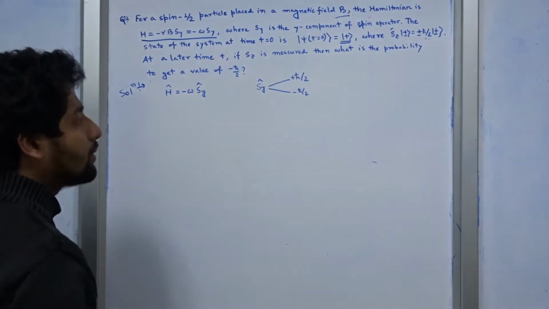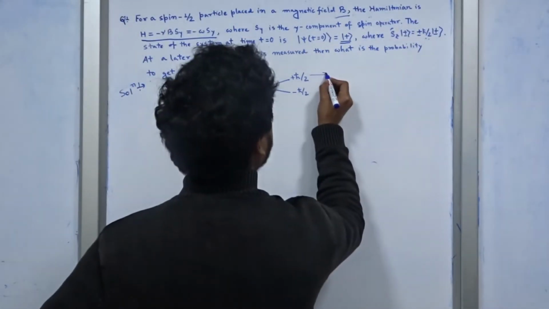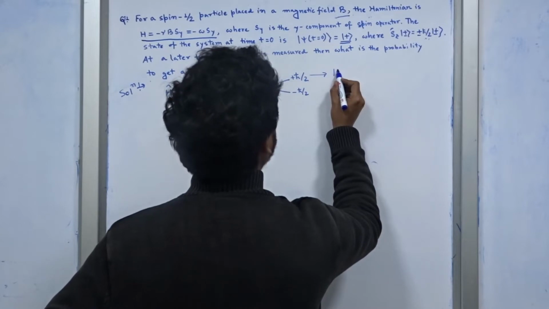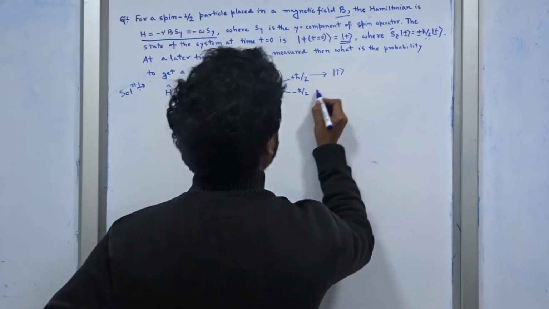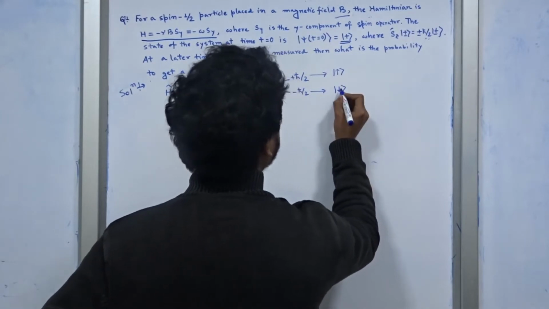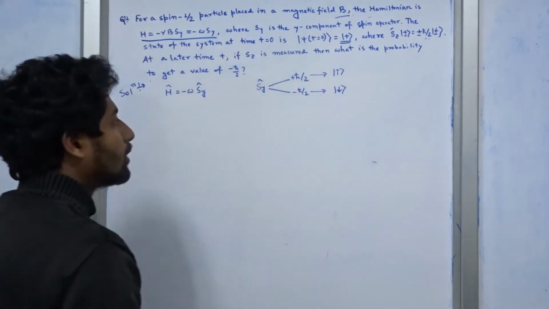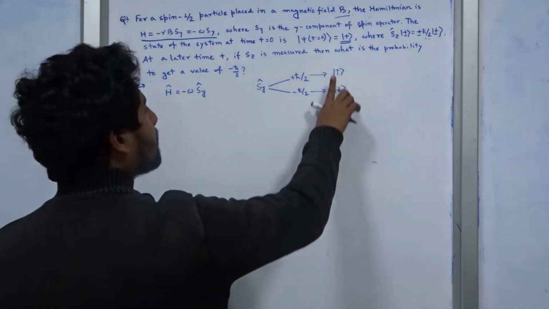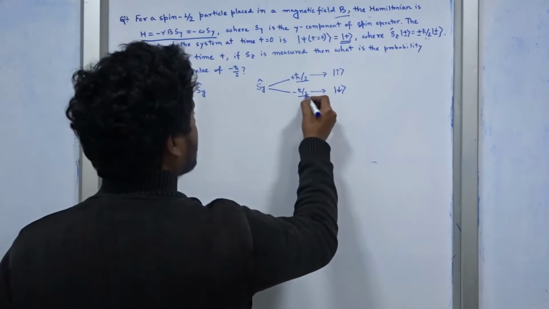These are the eigenvalues, and I'll write the corresponding eigenvectors. This is when the spin is along the negative y direction, and this is along the positive y direction. These are the corresponding eigenvalues.